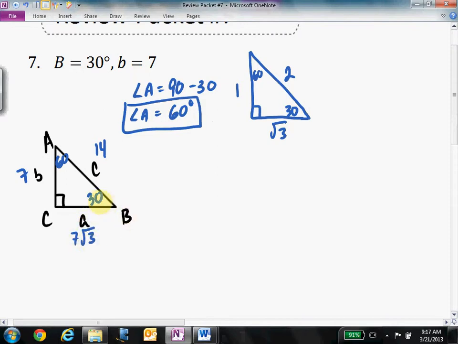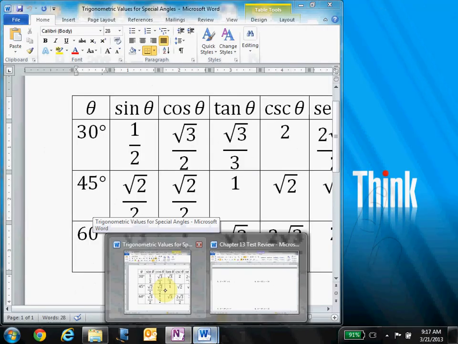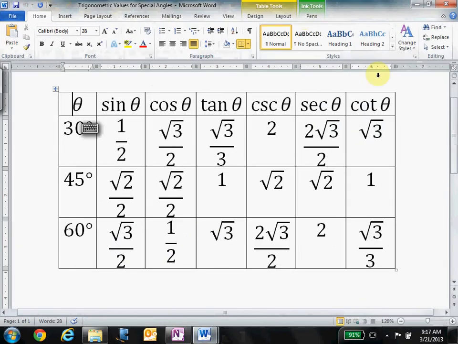Where is A in orientation to 30 degrees? It's adjacent. The given information is opposite, so what trig function is that? Opposite over adjacent, that's the tan function. So I'm going to say tan of 30 degrees is opposite, which is 7, over my unknown side, which is A. There's a table that you are familiar with, so I'm going to pop over to this table here.